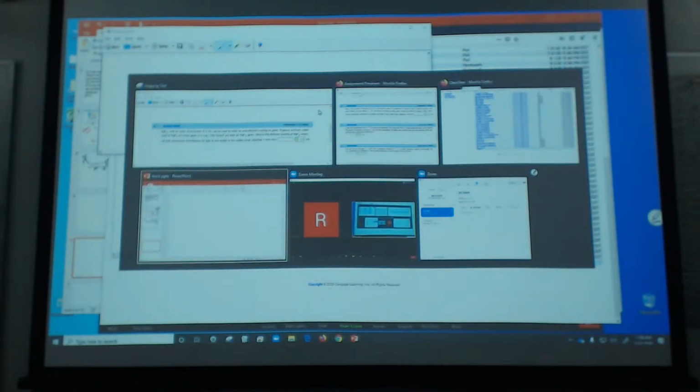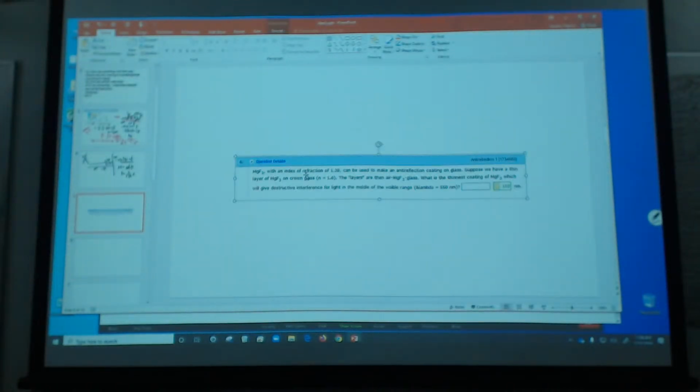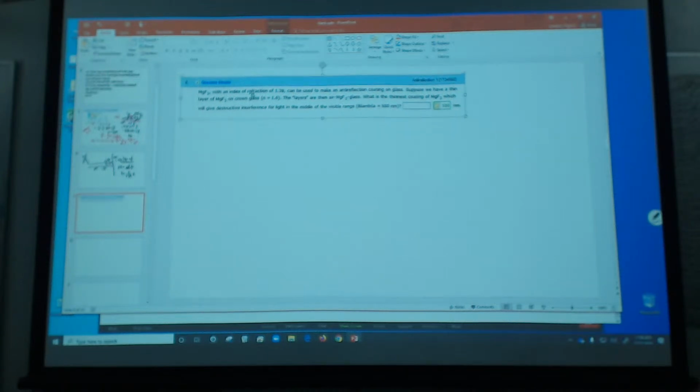So what's your first step for this problem? So what I did was I drew a diagram of the situation. How many boundaries in your diagram? There's 2 different boundaries, from air to the film to the glass. So please read me your index number 1, number 2, number 3.